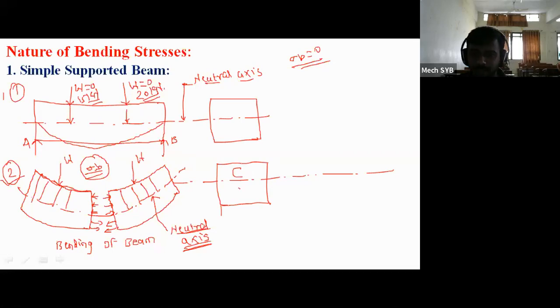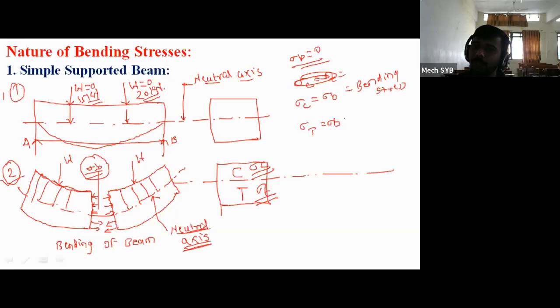Means whatever bending stress we have to calculate, here we have to calculate the sigma c value, and here we have to calculate the sigma t value. Actually sigma c is not equal to sigma t, but sigma c is equal to sigma b, the bending stress, and sigma t is equal to sigma b, the bending stress.